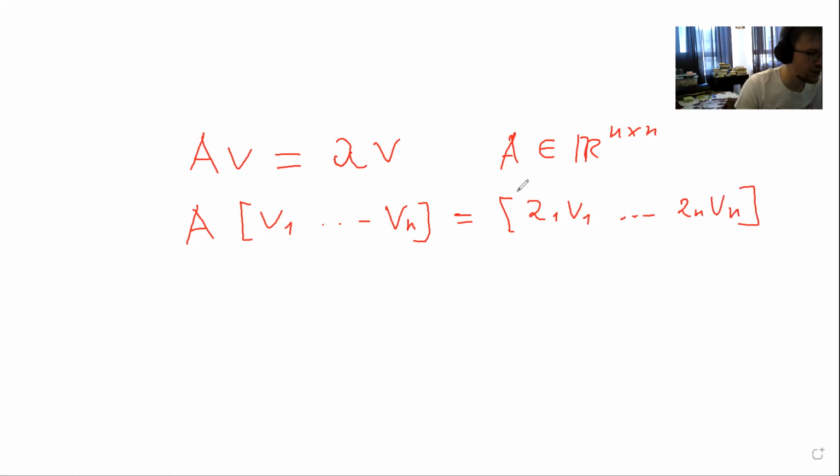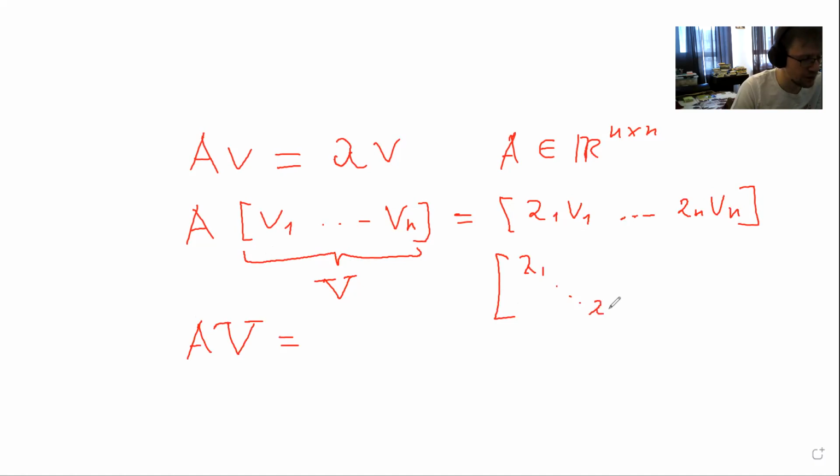We can define this as matrix V. Here, we can define some diagonal scaling matrix with eigenvalues, times the same V matrix.